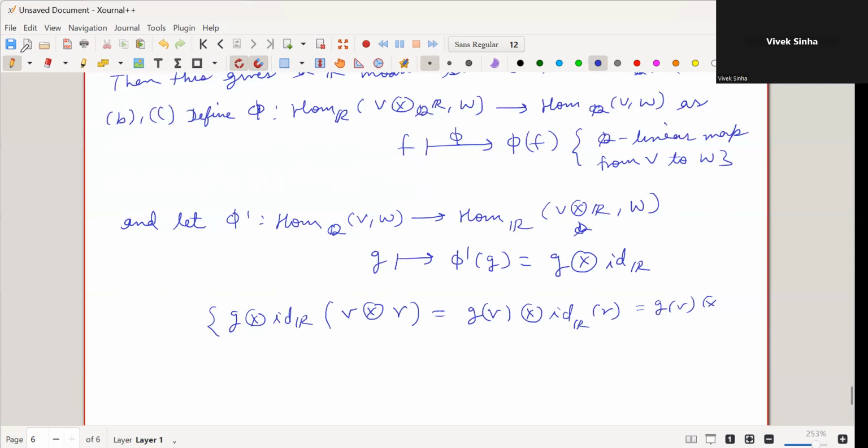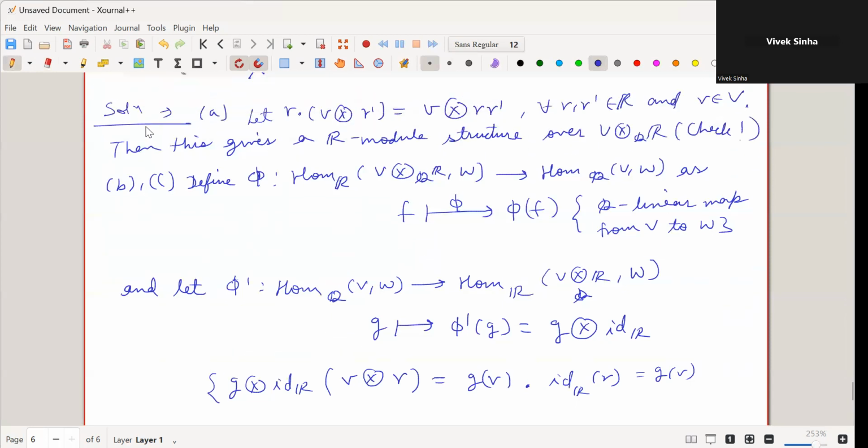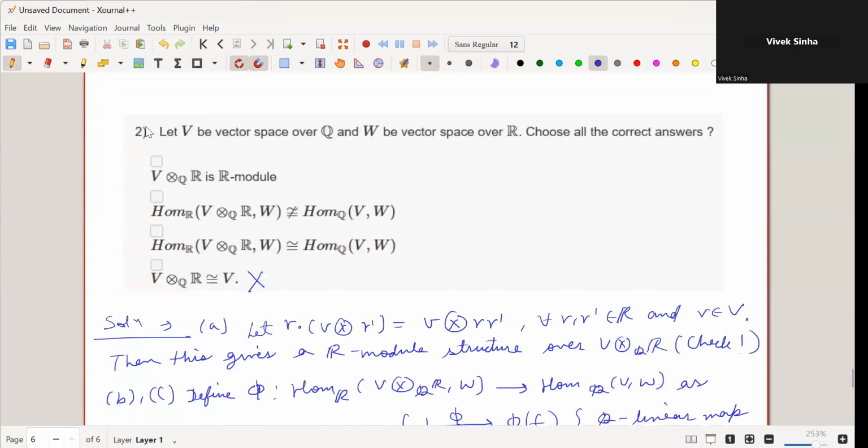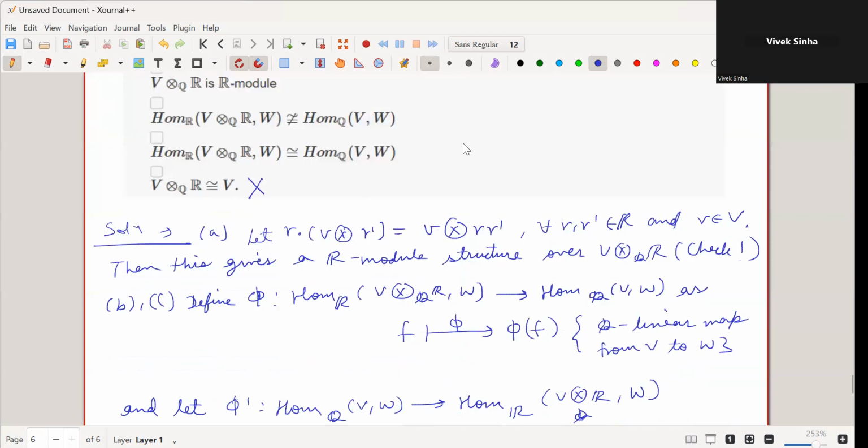And then the tensor with identity of R is just R, so it will be just g(v) times R. Your W was already a vector space over R, right?